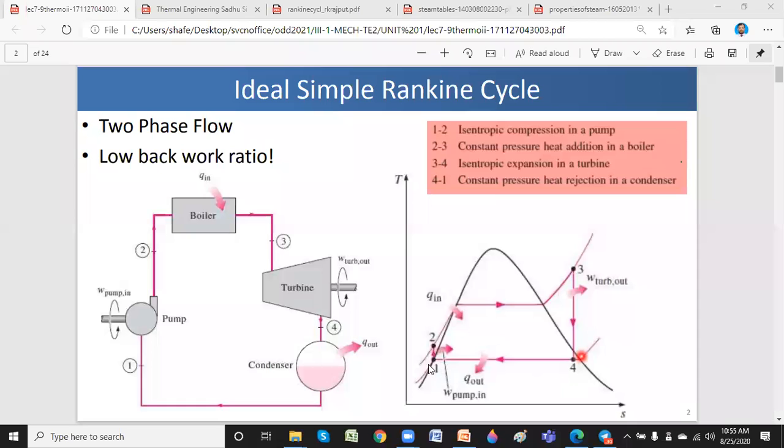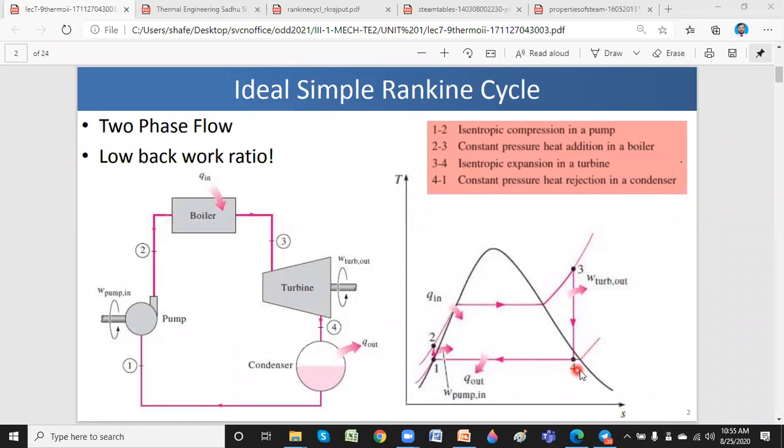There are two pressures you can see. One is called the boiler pressure, because 2 to 3 is the boiler pressure line, and 1 to 4 is the condenser pressure. There are only two pressure lines which are parallel here. So for 4, I want H4, it is H wet.